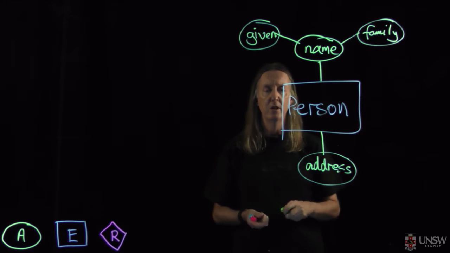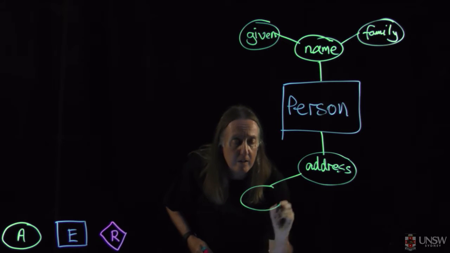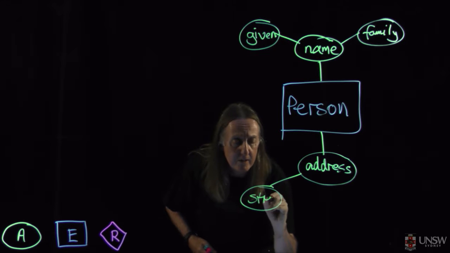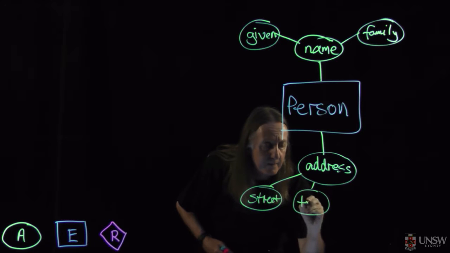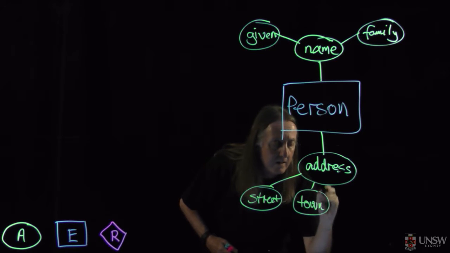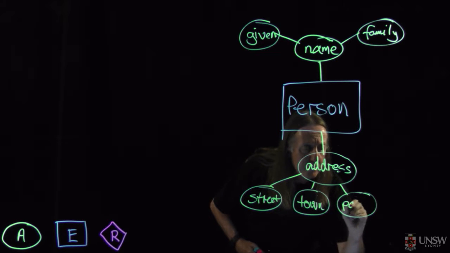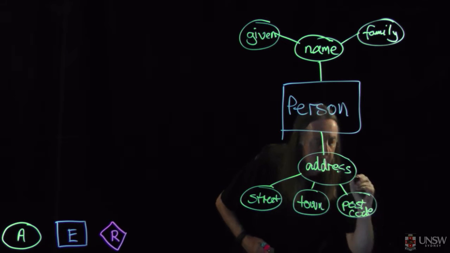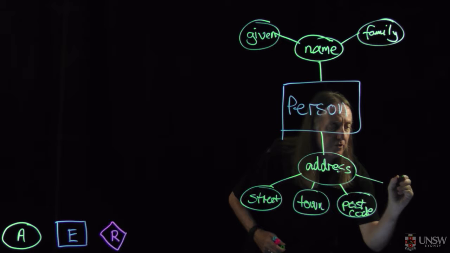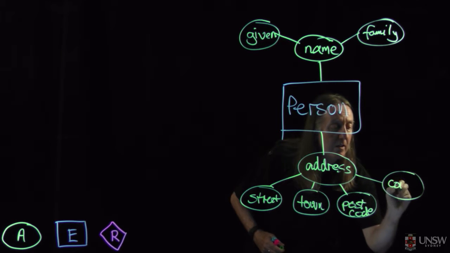All right, for address, we had the street that they live on, and we had the town that they live in, and some kind of postal code, and the country, assuming that we're dealing with people from many parts of the world.